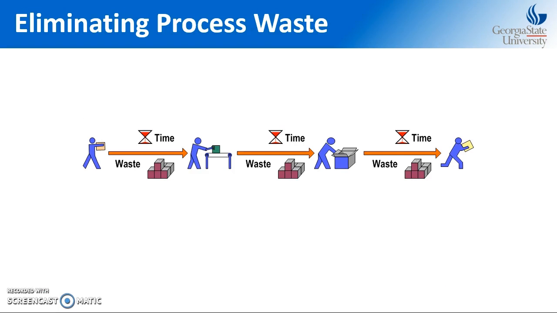So if you look at a process here of packing and shipping a product. In this example, you have an employee carry a box from somewhere else. It could be the storage room or a shelf, and this person carries it and then places it down in a small pile so that the next worker in the flow can then bend over, pick it up, and put it on a small conveyor belt.